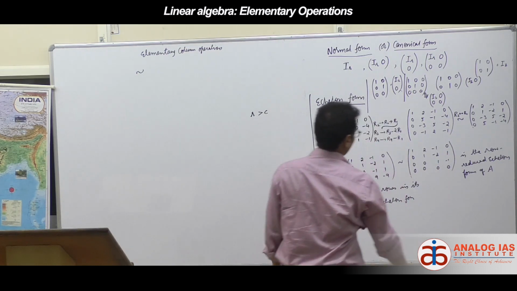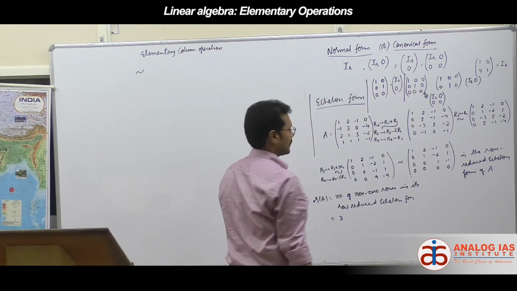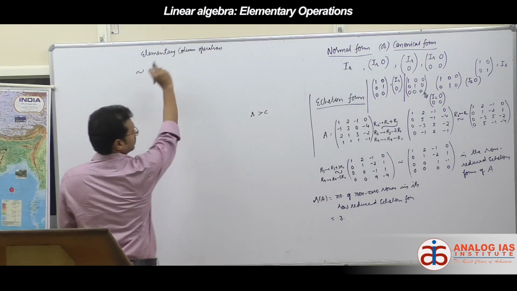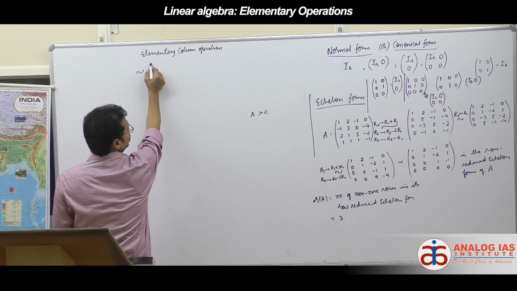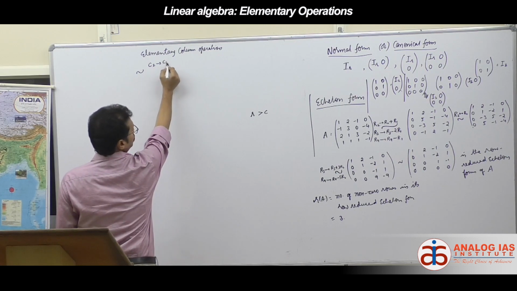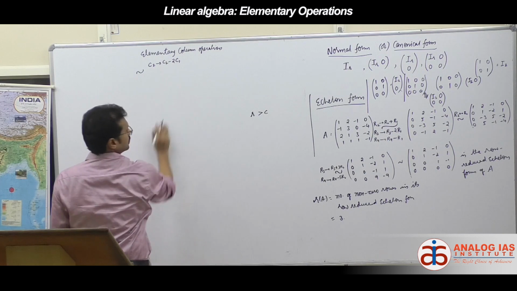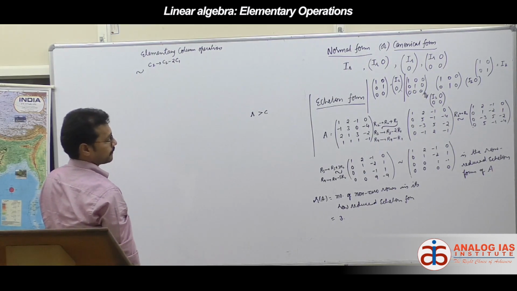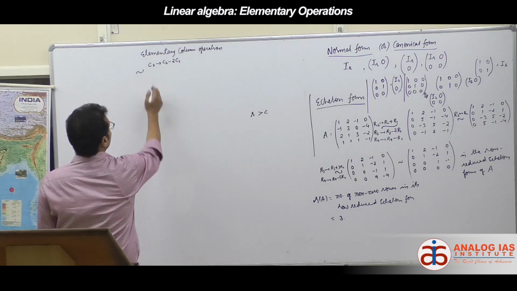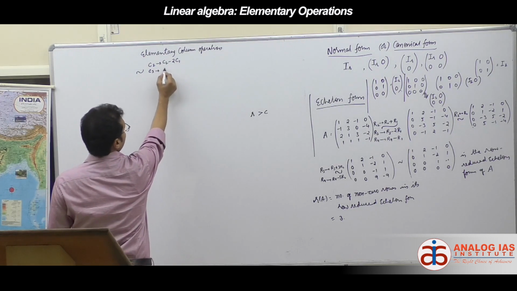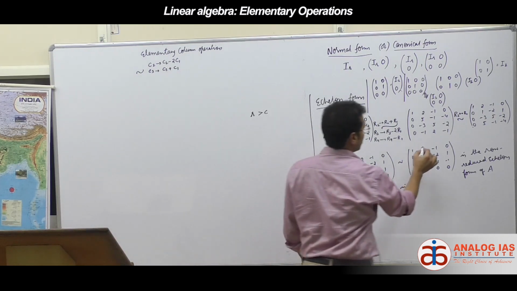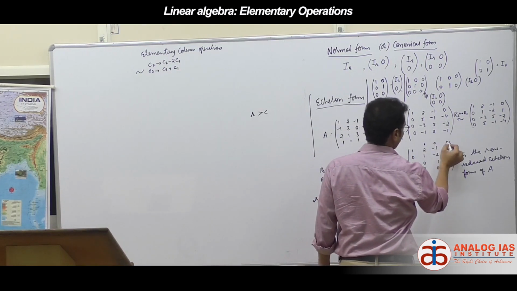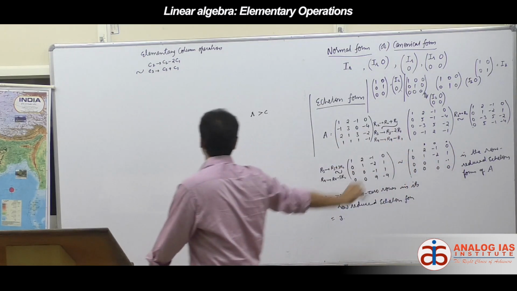What should we do? C2 is C2 minus 2 times C1. C3 is C3 plus C1, which makes these elements zeros. This is not required to be made 0, and the rest we do at the end.